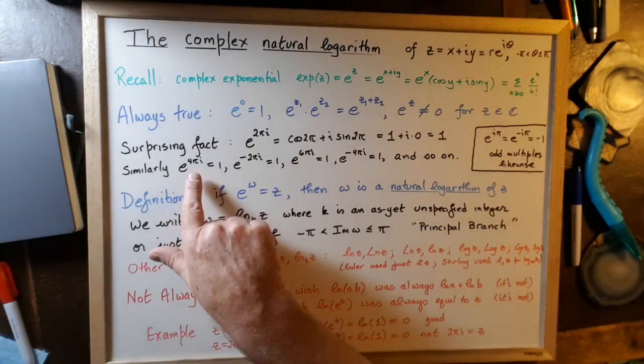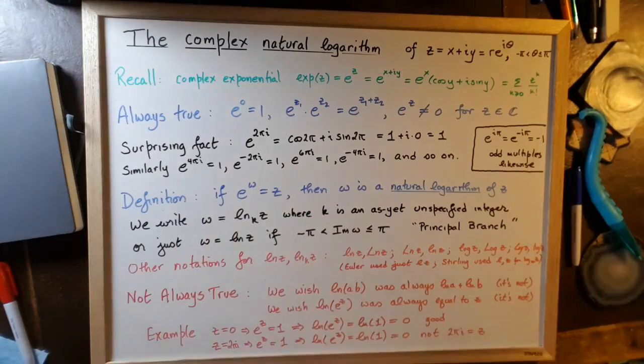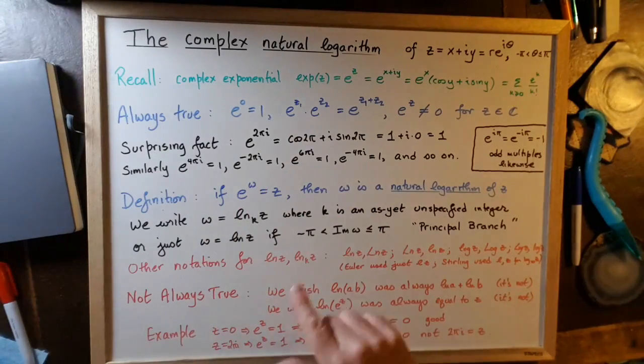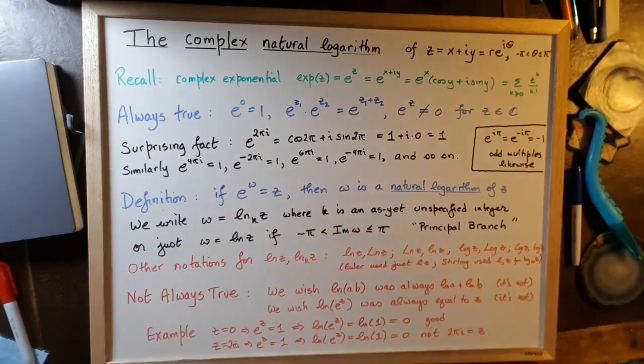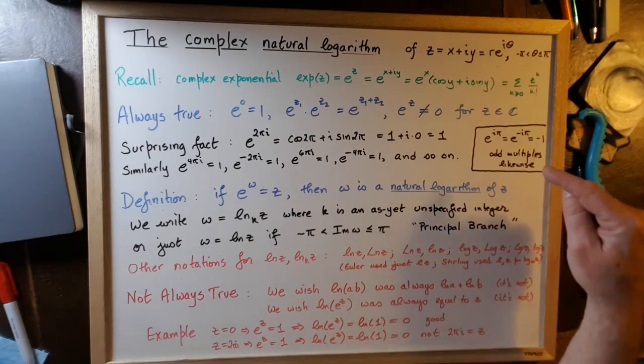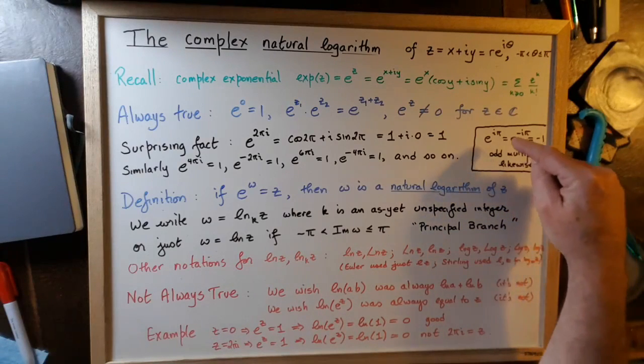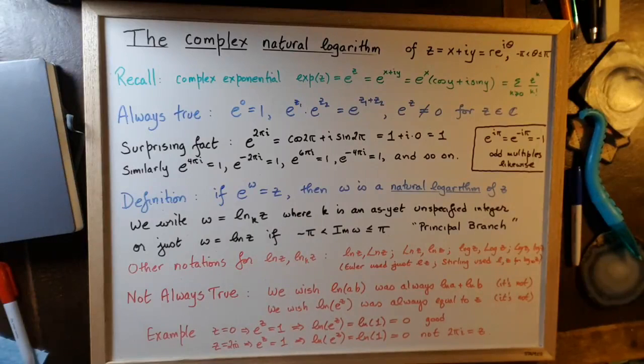Similarly, e to the 4 pi i is 1, e to the minus 2 pi i is 1, e to the 6 pi i is 1, e to the minus 4 pi i is 1, and so on. Every integer multiple of 2 pi i gives you 1. Every odd multiple of pi i gives us minus 1. And again, that's just a consequence of the definition.